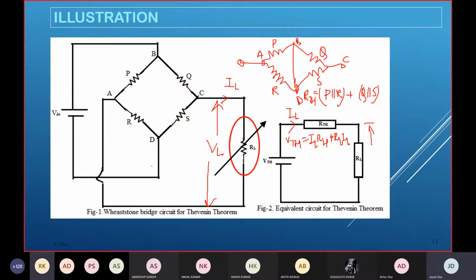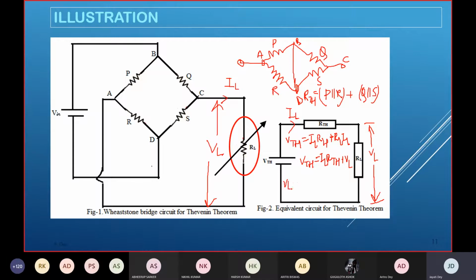Yes, ma'am. Because we don't know exactly the value of RL, it is better to keep it as VL. So VThevenin is equal to IL RThevenin plus VL, right?